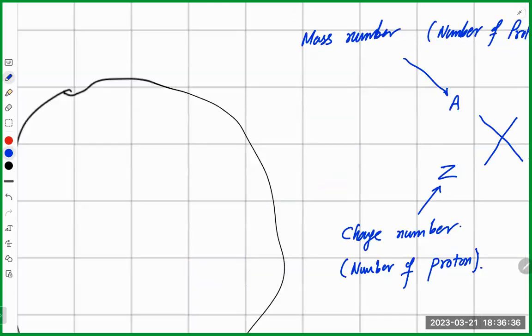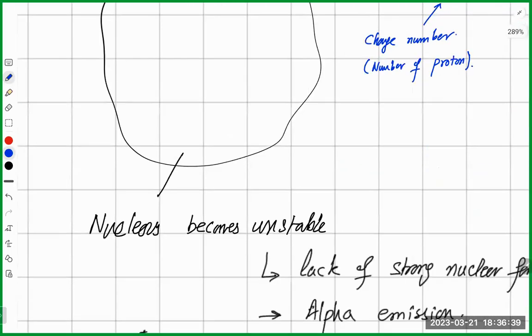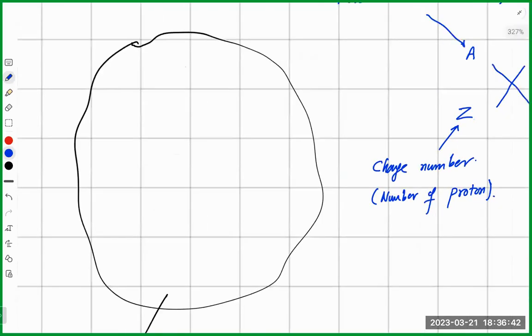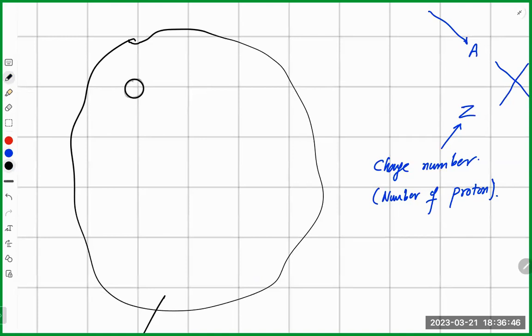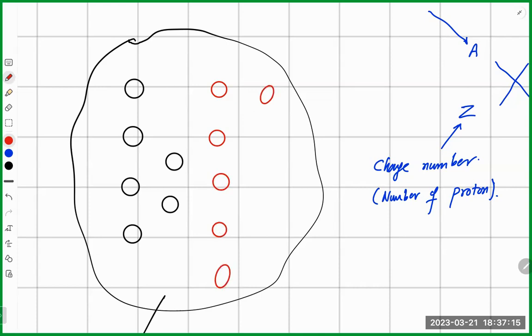Listen, if this is, for example, a nucleus, and it has say 6 protons and 8 neutrons.